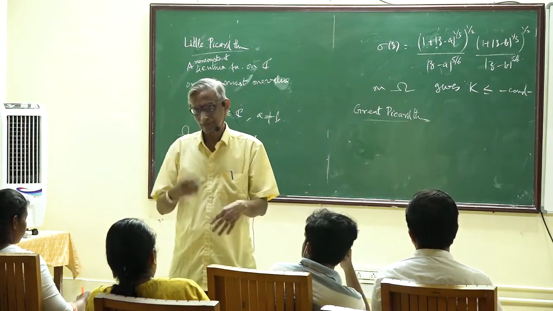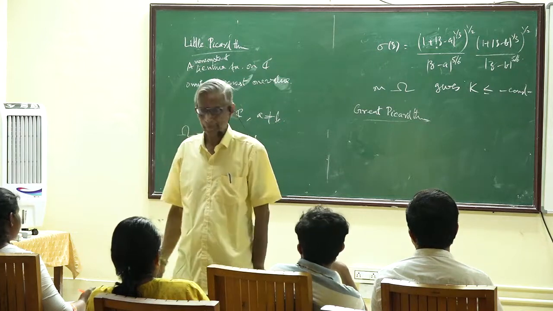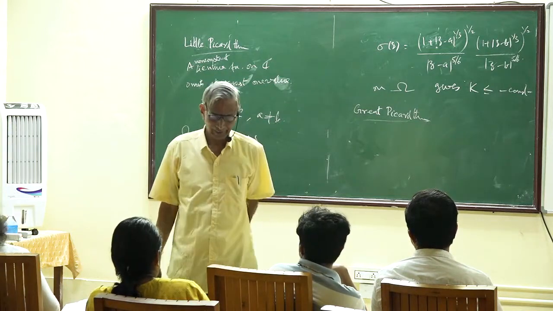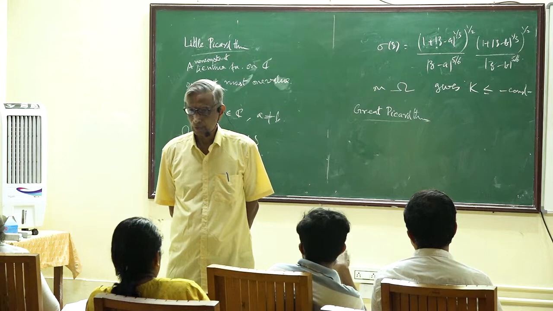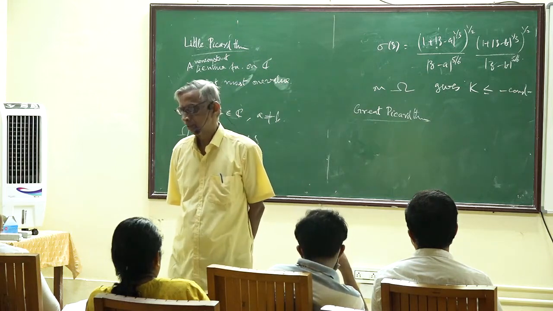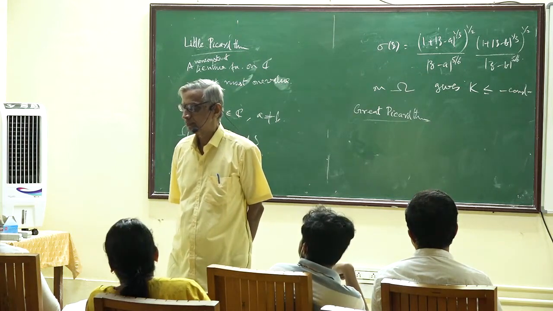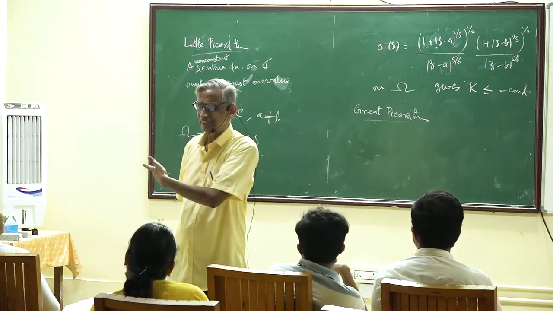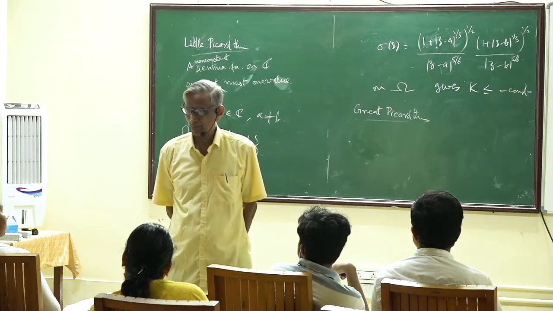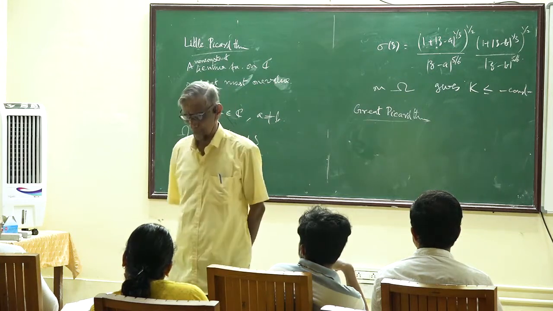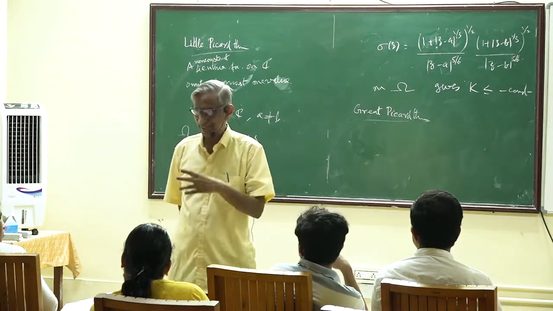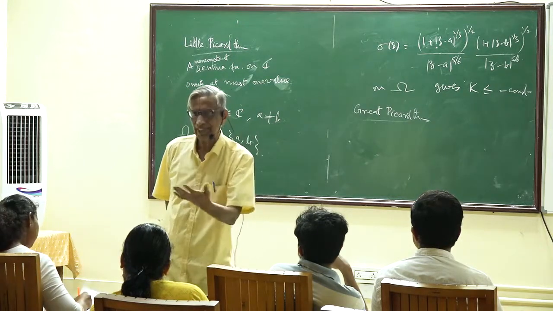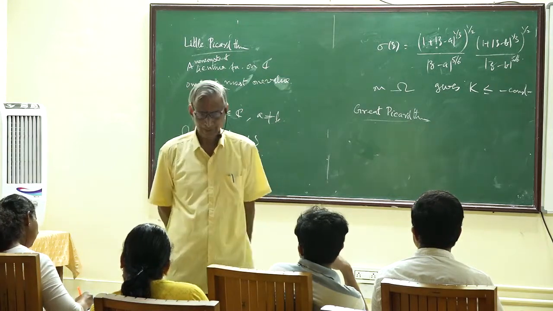Equality holds only for rotations, multiplication by a fixed number of modulus 1. Okay, so this lemma is a simple special case of the Ahlfors lemma. So that incidentally also gives the geometric content of the Schwarz lemma.